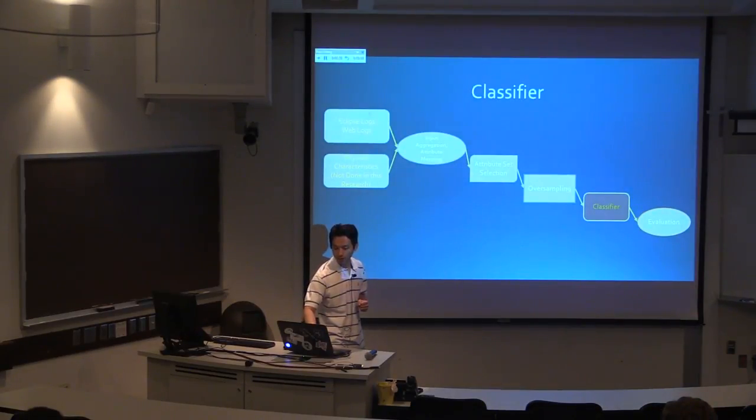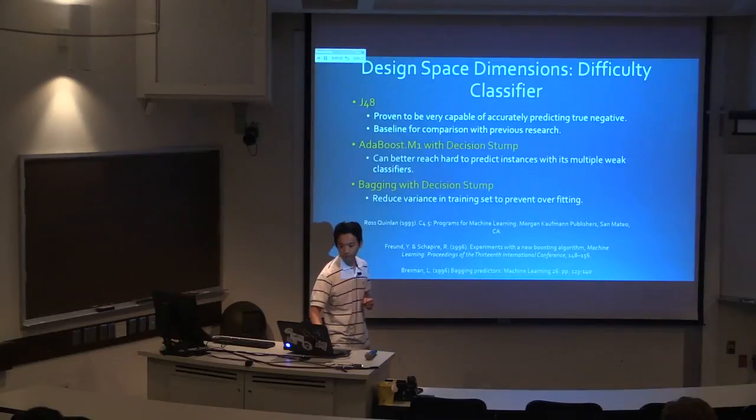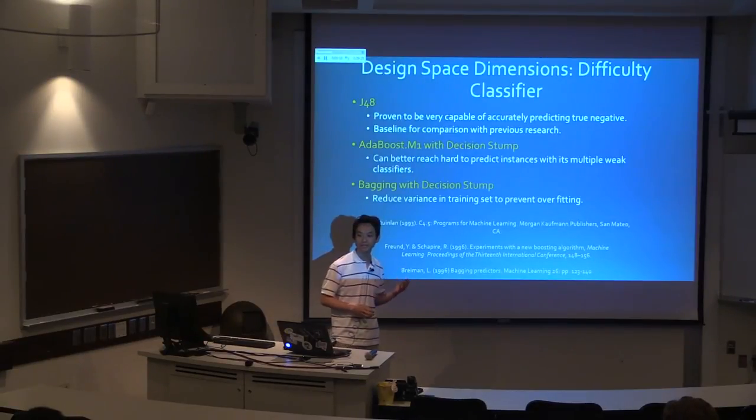So then we have the classifier. There are 3 major classifiers that we use: J48 (C4.5), which was in the original research, and it's been proven to be very successful at accurately predicting true negative, and a pretty good baseline.